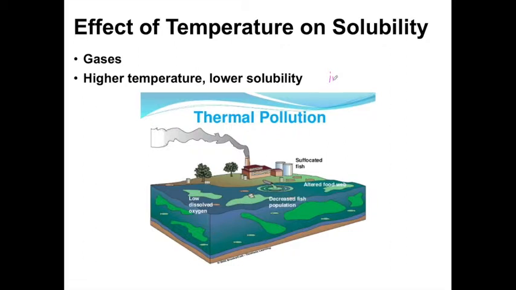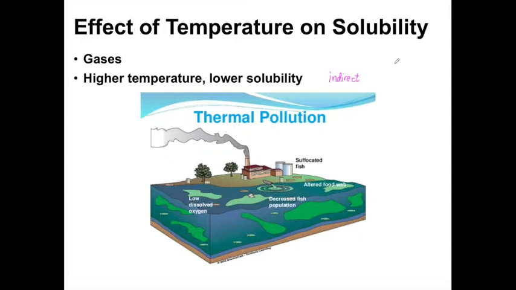So we have an indirect relationship between the solubility of gaseous solutes and temperature. So the higher the temperature, the lower the solubility of your gaseous solute. So this is because when you increase the temperature, the kinetic energy of your gas molecules increase, and this allows the gas molecules to escape from the solution.